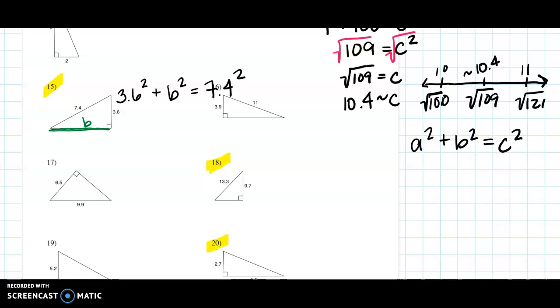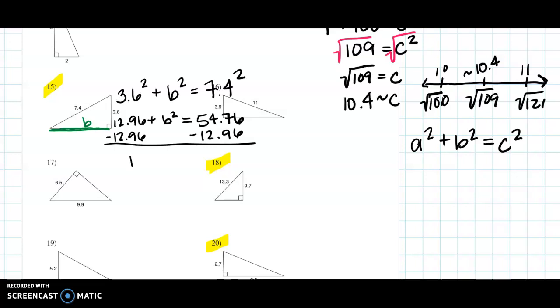3.6 times 3.6 is 12.96. Plus b squared, I don't know what b is yet, is equal to 7.4 squared. 7.4 times 7.4 is 54.76. What we know about solving one-step equations tells us that we can subtract 12.96 from both sides.